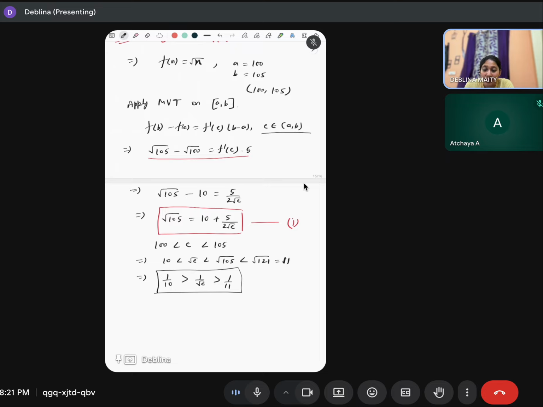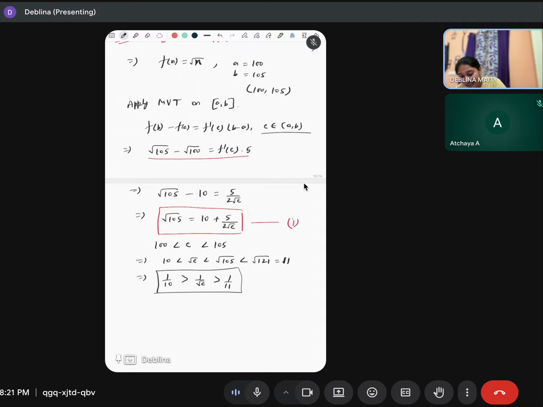That's why I am replacing it, because I need an upper bound and I don't know the exact value of root over 105. That's why I am replacing it with the nearest square number which is bigger than 105. And since root x is a continuous and increasing function, root over 105 is less than root over 121, right? That's why I am taking this.